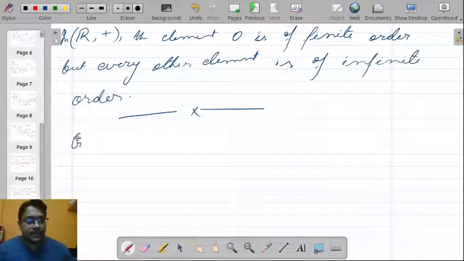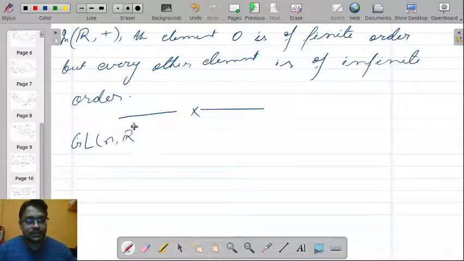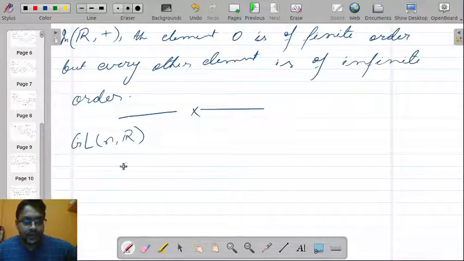What about this set GLNR? Can you find out orders of some elements of this group? So here also there are certain restrictions.